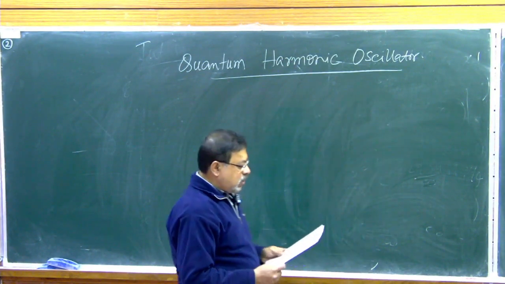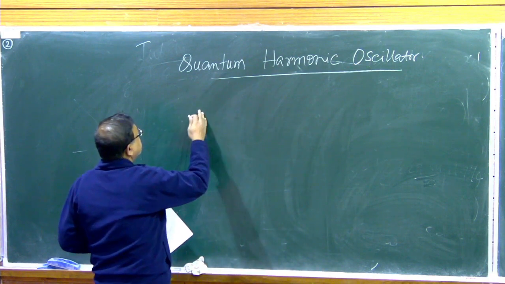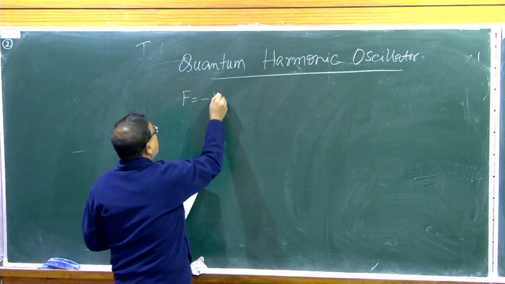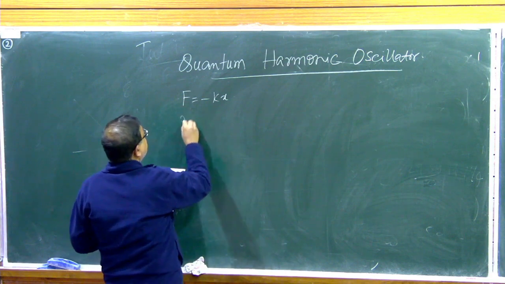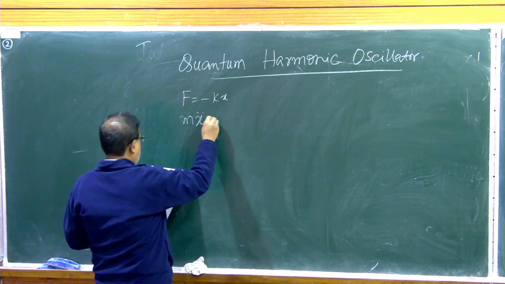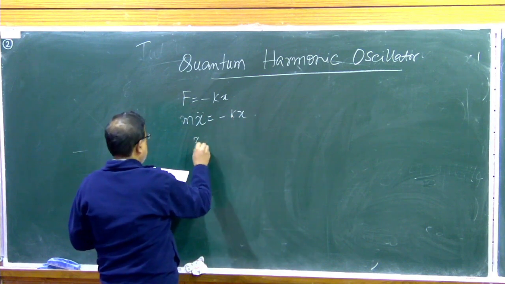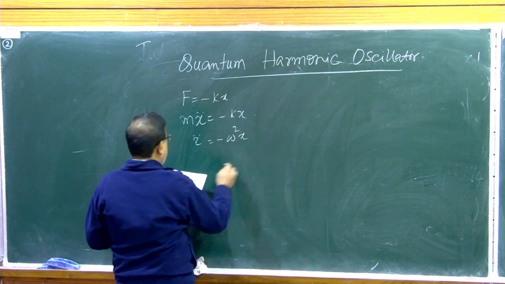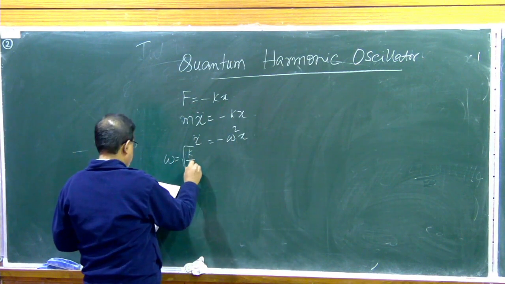So, it starts with the same formalism as classical mechanics. We have F equal to minus kx acting on the particle. So, m x double dot equal to minus kx, so x double dot equal to minus omega square x, where omega equal to root over k by m.